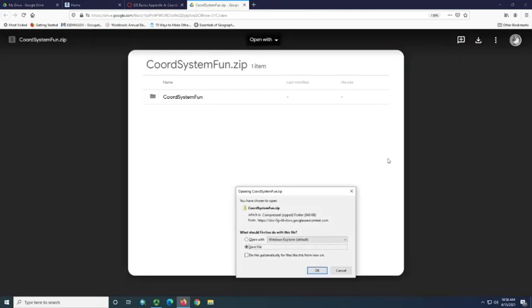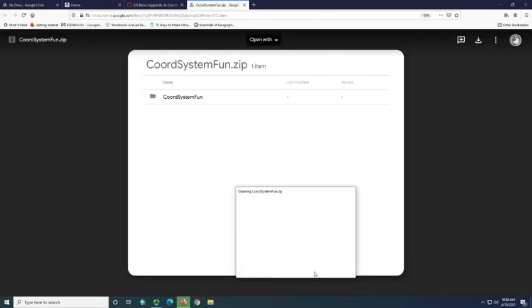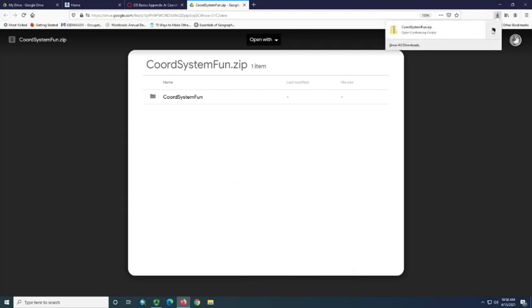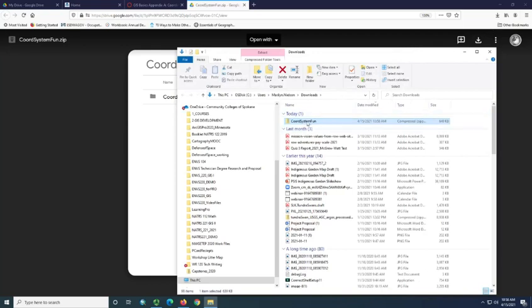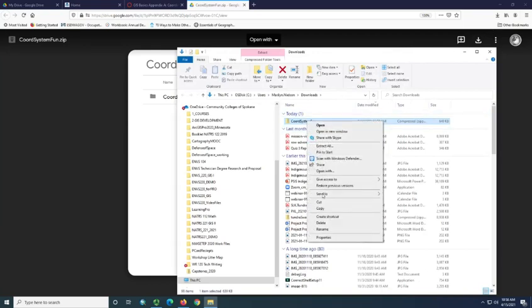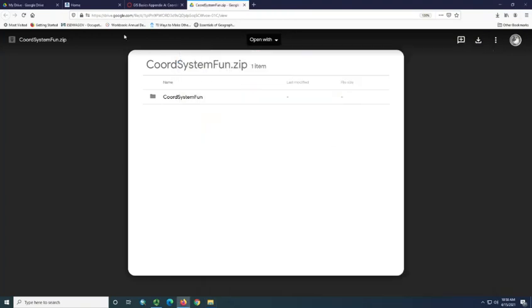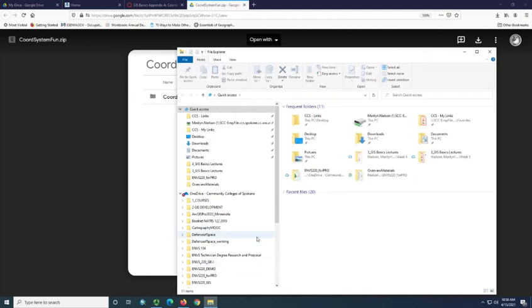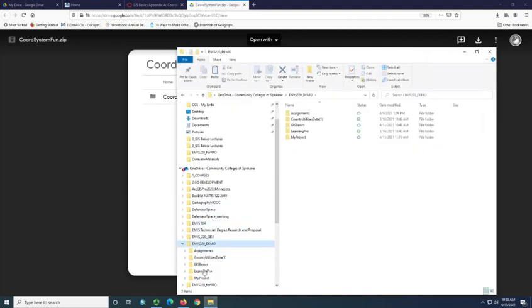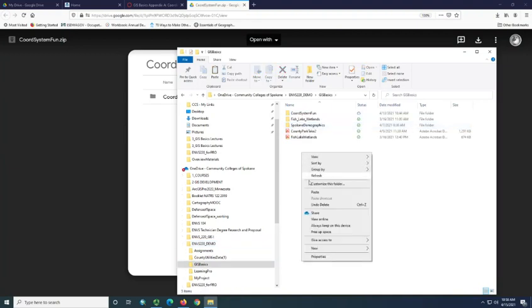So we'll download our data, and I'm going to save that like we always do, and we'll open the folder it's contained in, cut it, and then paste it into our folder for this class. In my case, it's my demonstration folder under GIS Basics.